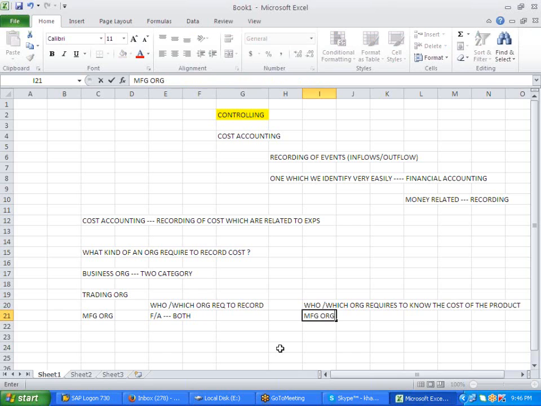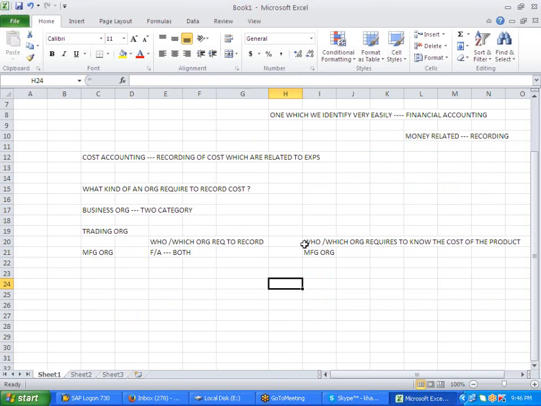Amua, getting this? Pay attention. If you lose the rhythm, you will not understand anything I'm telling you. So we come to a conclusion that manufacturing organizations require to know the cost of the product. So these are the organizations that will do the costing, right?